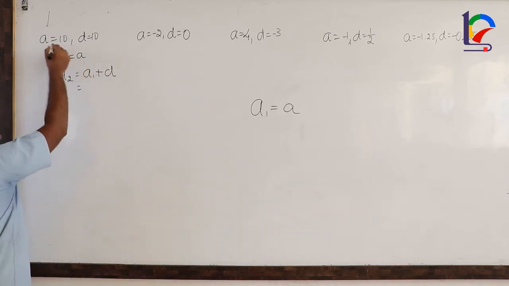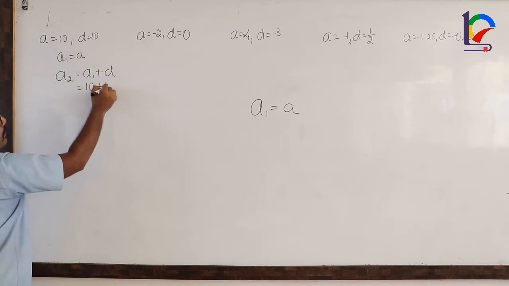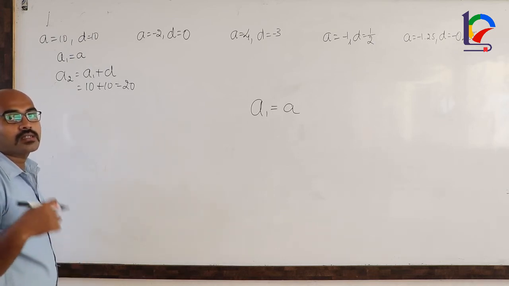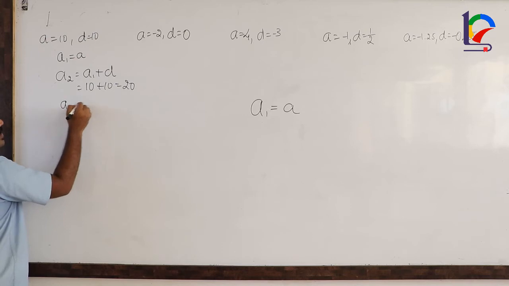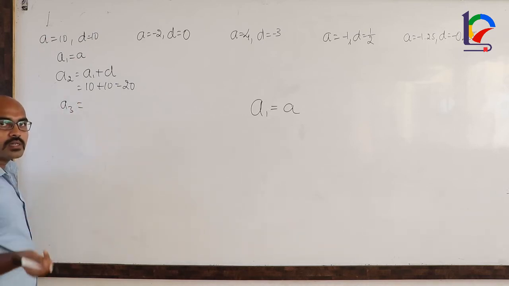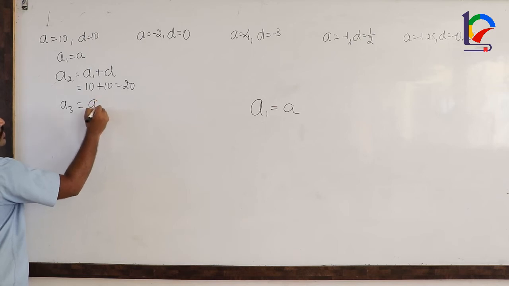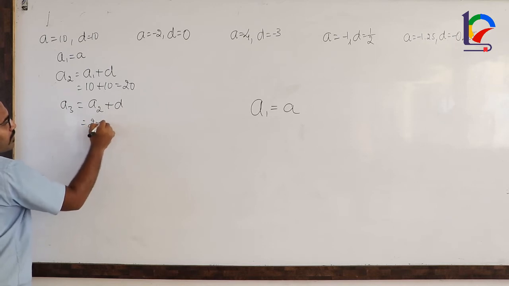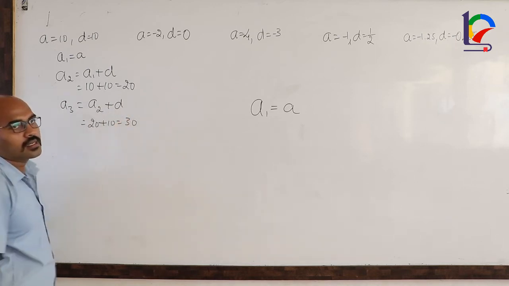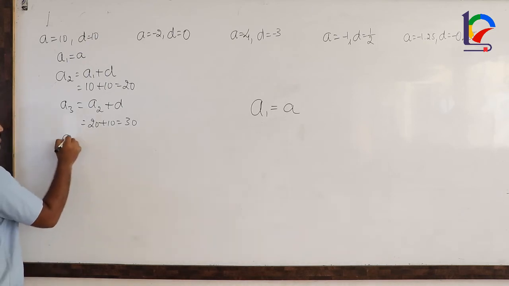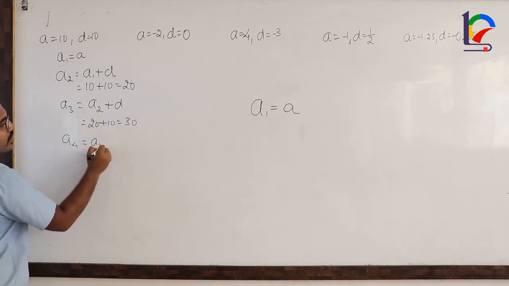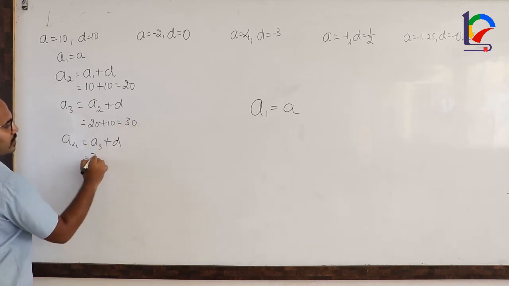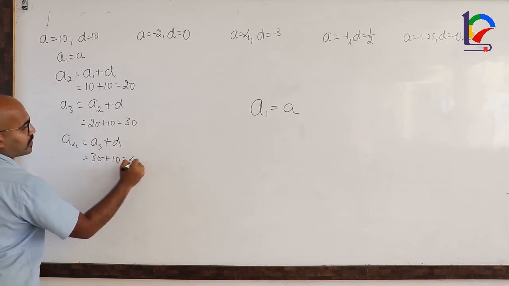What is a1 or a? It is 10, and 10 plus 10 is 20. Similarly, to find the third term, a3, you add the common difference to the second term: a2 plus d, a2 is 20 plus 10, 30. For the fourth term, a4, you add the common difference to the third term: a3 is 30 plus 10, 40.